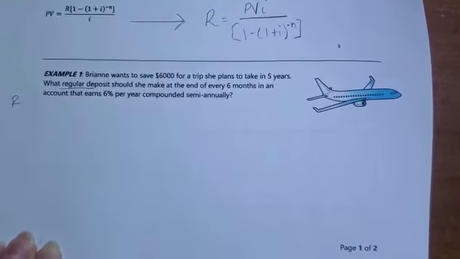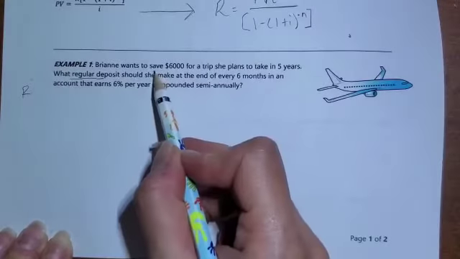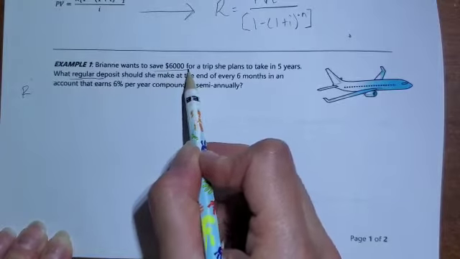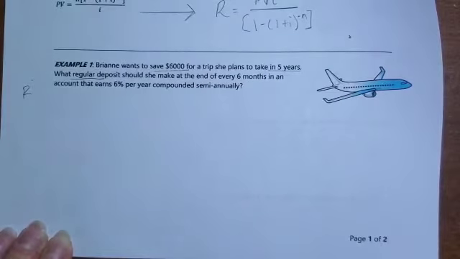But now how to determine if we're using R from future value or present value. Let's look at what the question gives us. She wants to save $6,000 for a trip she plans to take in 5 years. That is not a present amount. $6,000 is a future amount, what she wants to pay for.